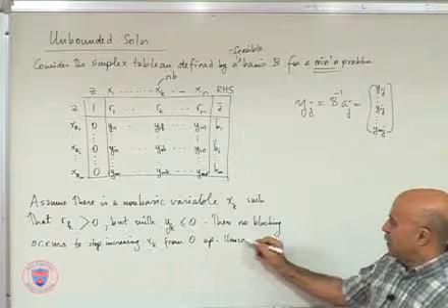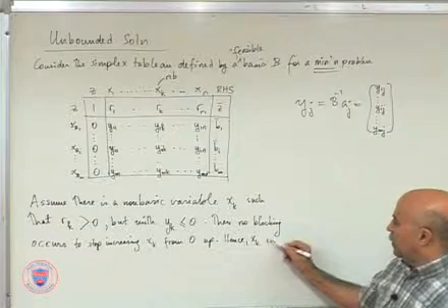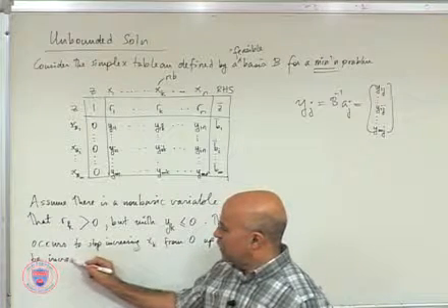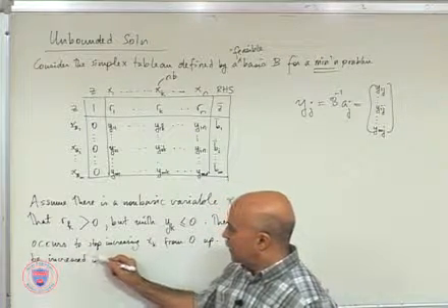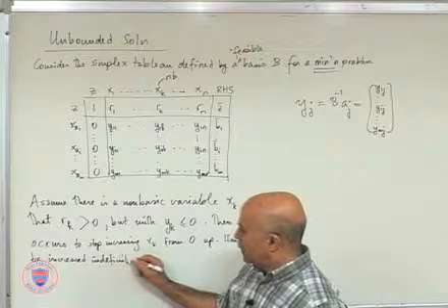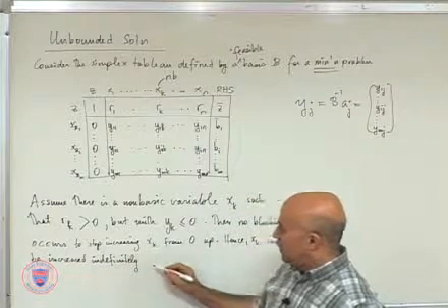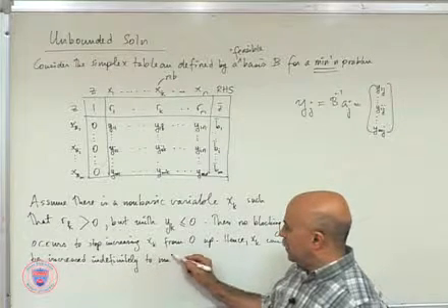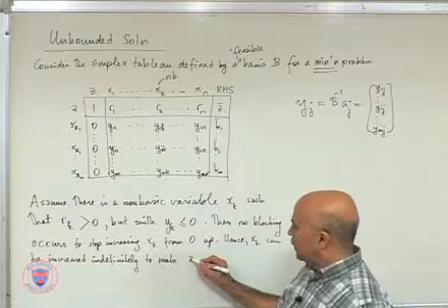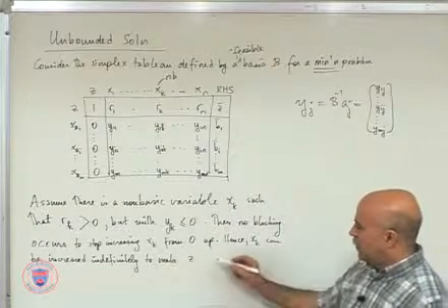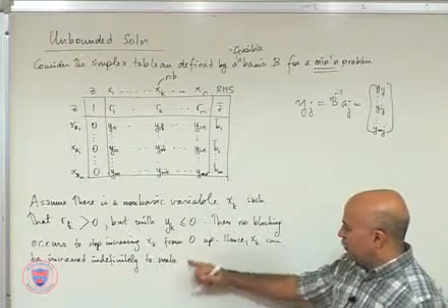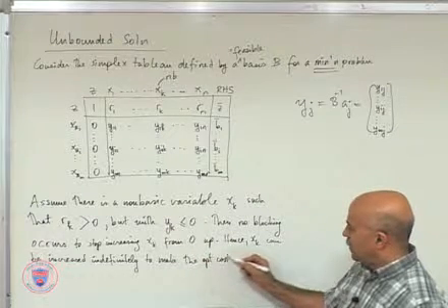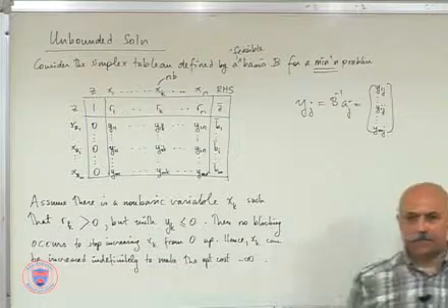Hence, xk can be increased indefinitely to make z, or to make the optimal cost minus infinity. Okay?